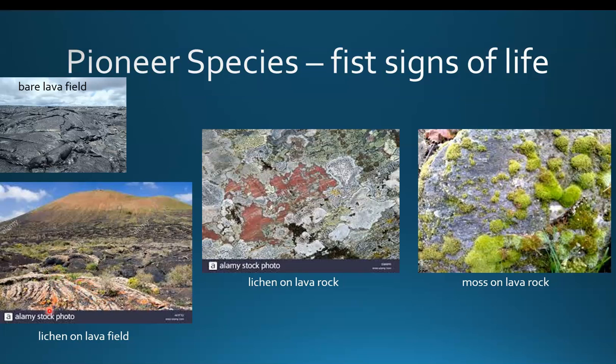You can see the lichen in this area here. Here's a closer picture of the lichen growing on the lava rock, and you can also see mosses start to grow on the lava rock. So those are your pioneer species. Those are those first species that come in to colonize and begin the process of succession.